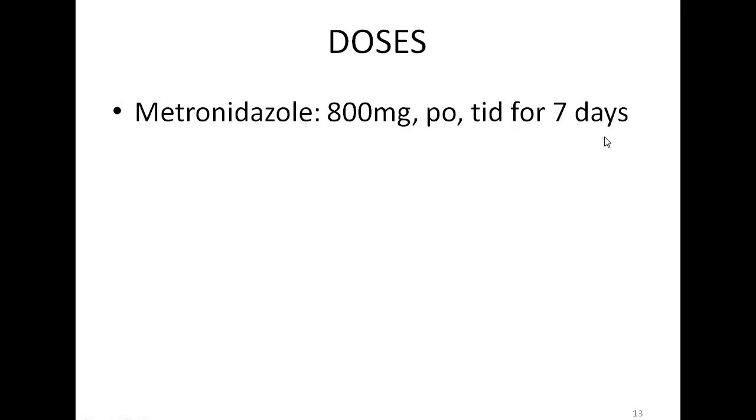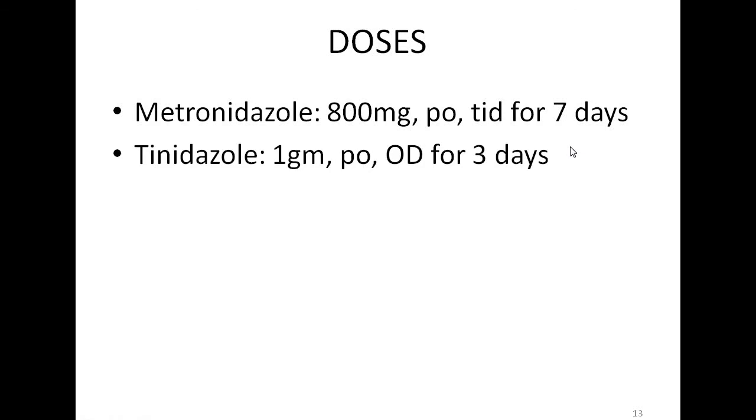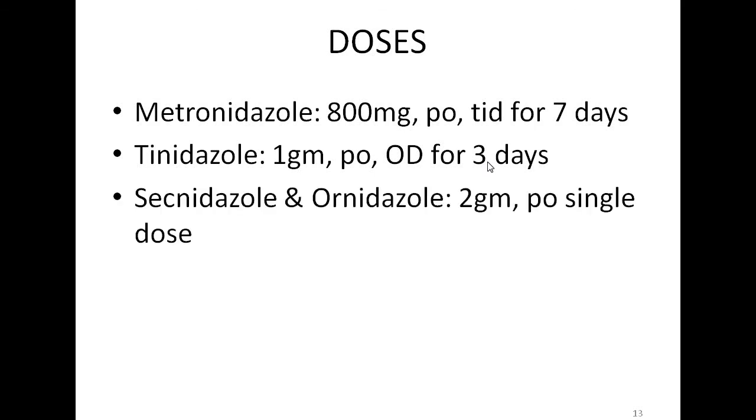The instruction to be given is avoid consumption of alcohol. Very important. Tinidazole is 1 gram per oral once a day for 3 days. Secnidazole and ornidazole are given as 2 grams per oral single dose.